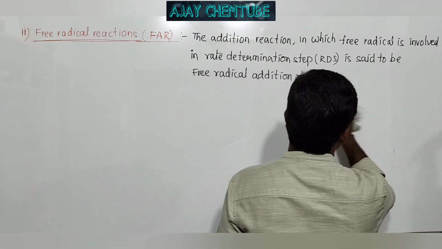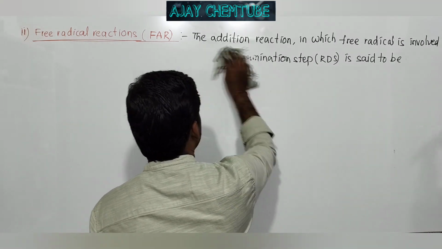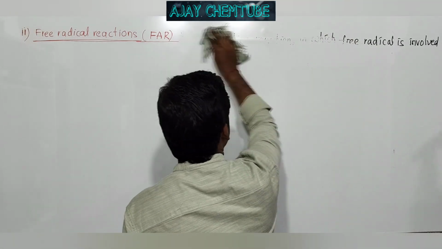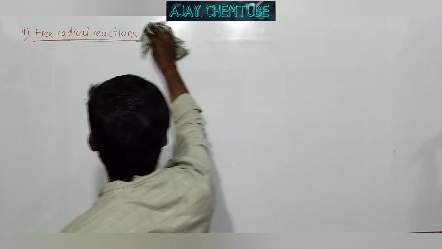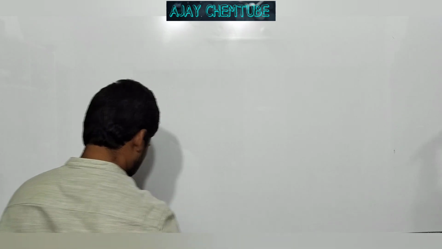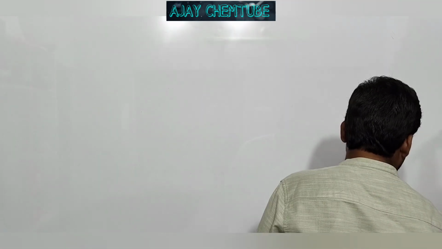Addition reaction in presence of a free radical initiator like peroxides takes place according to anti-Markovnikov's rule.